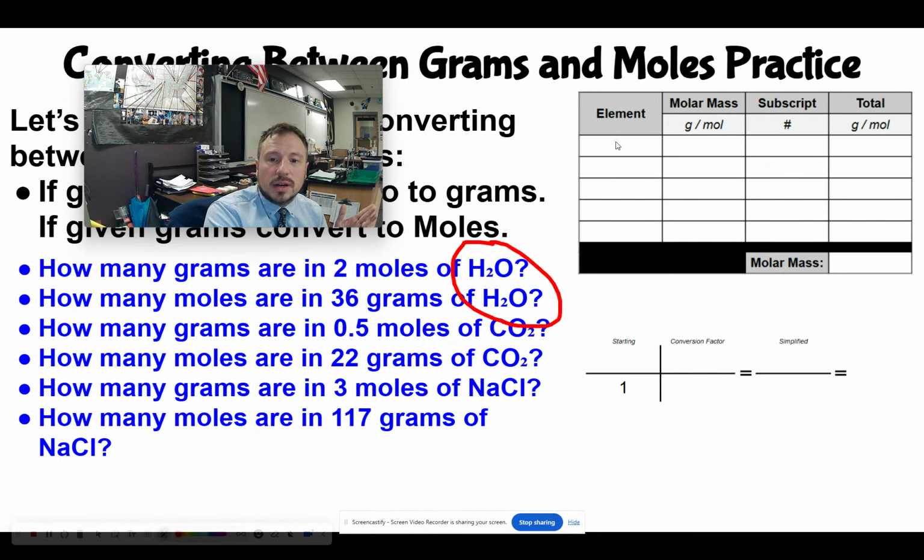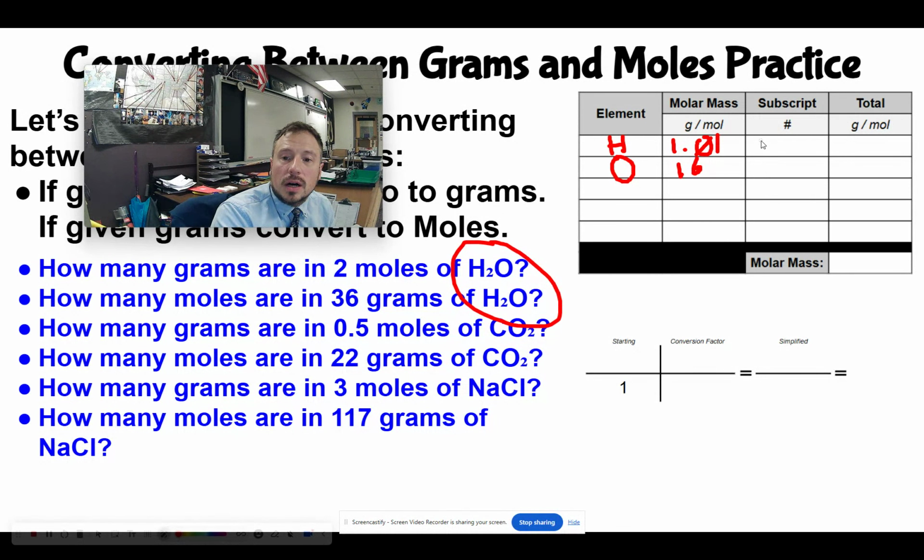Whether I'm going from moles to grams or grams to moles, I have to set it up the same way. Hydrogen, if you look on the periodic table, is 1.01. Oxygen is an even 16. Just for the sake of time, I'll just write 16. Now I need to know the number of each.